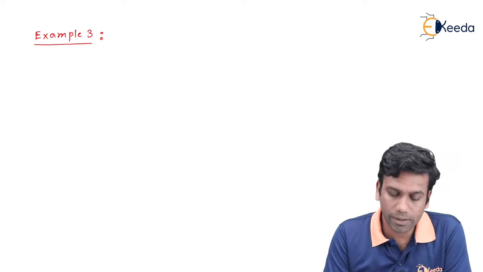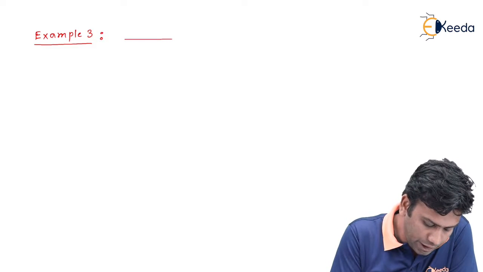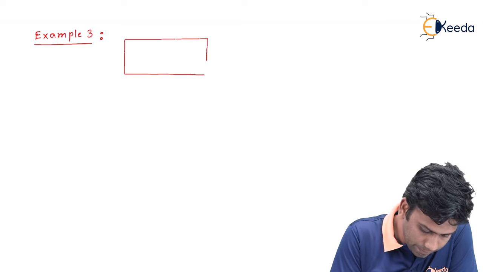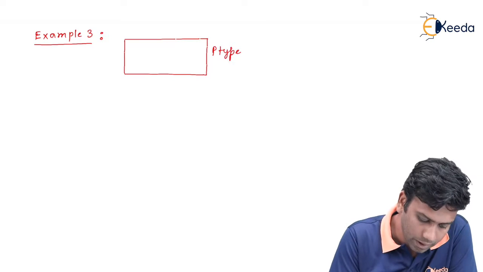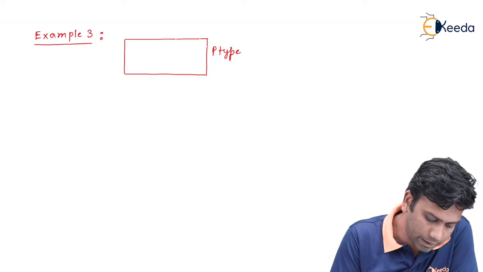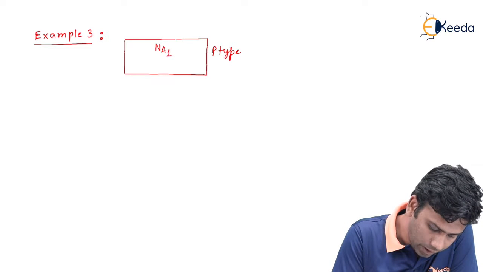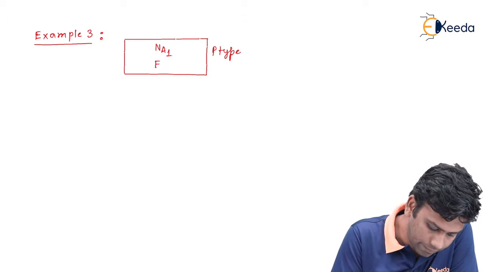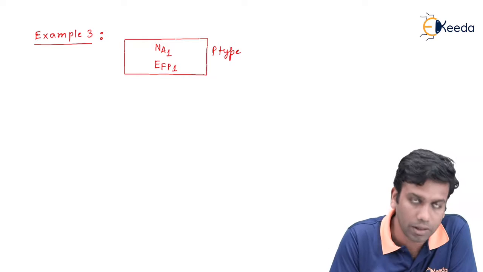So according to the example, let us assume a p-type semiconductor, and let us assume that it has an acceptor concentration of Na1, and for that it has a Fermi level of EFP1.